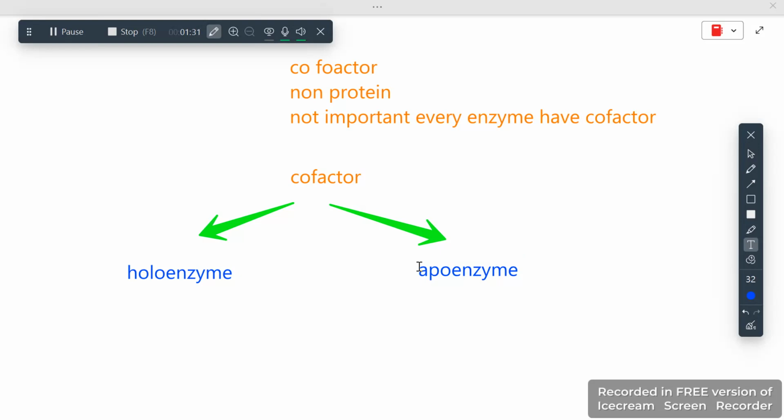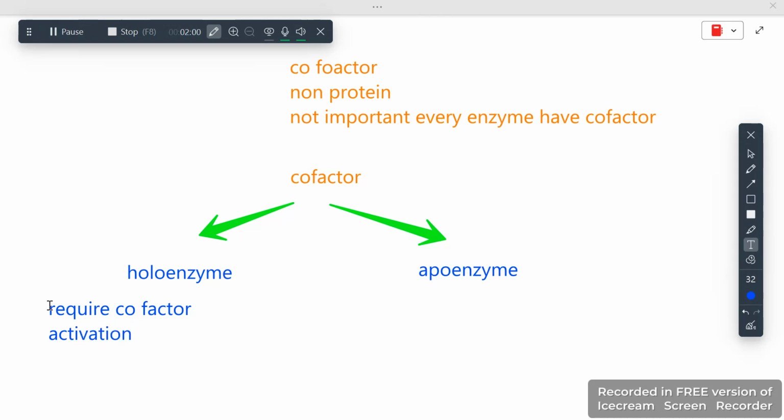First have a look at holoenzyme, which is simply one which requires a cofactor. We are discussing the difference between these both. So holoenzyme is simply one which requires a cofactor for their activation.